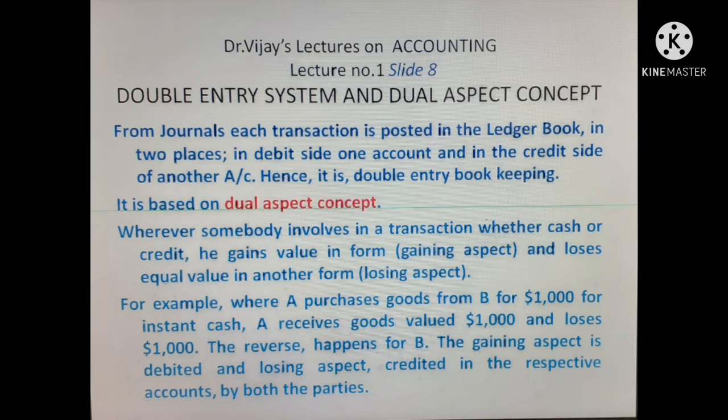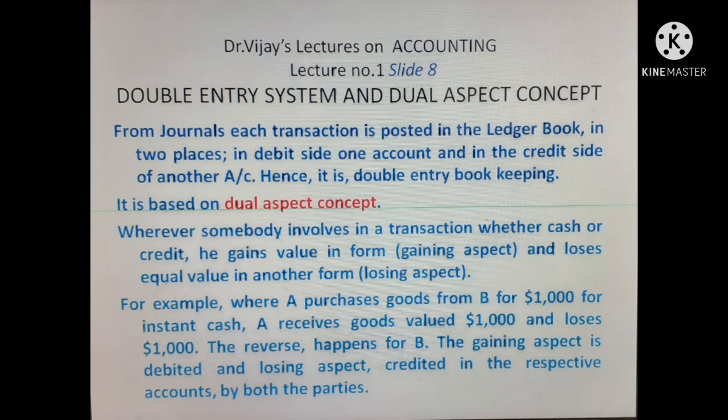Looking from the angle of A, he gets goods of the value of $1,000. He loses cash $1,000. So there is a gaining aspect and a losing aspect. Looking from the angle of B, he gets $1,000 and he loses goods of the value of $1,000.